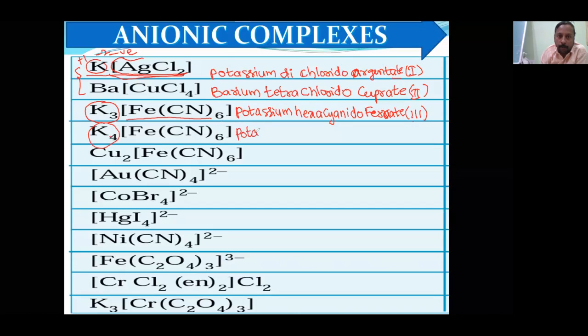Then inside the bracket 6 are there, hexa, cyanido, understood? Then ferrate. Now here you can find the oxidation number will be 2. So you need not write 4 potassium, 3 potassium. Automatically the oxidation number will be changing.